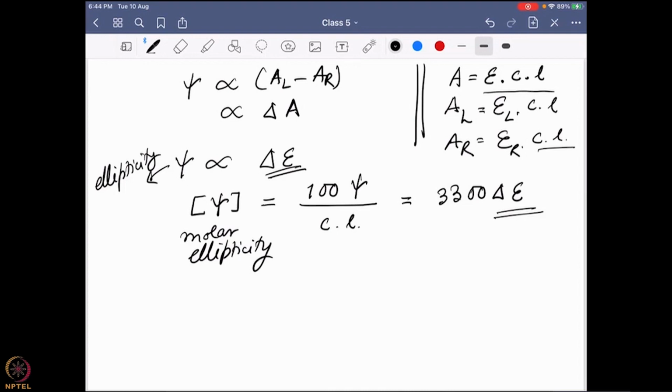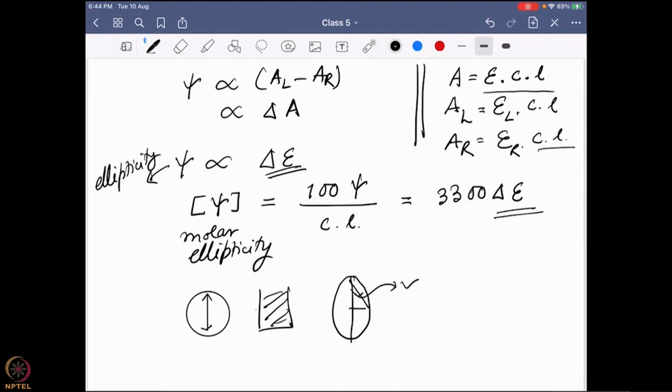And over here, if I go back again, what we found is that from a linearly polarized light, from a chiral sample, what we actually end up with is an ellipse.